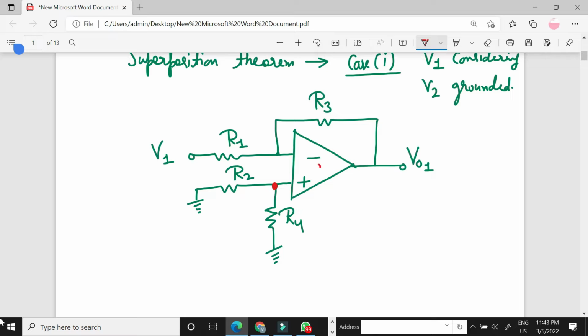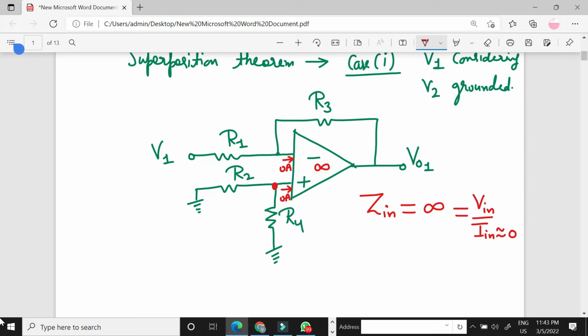This is an ideal operational amplifier. It means here is 0 ampere current, because the op-amp has infinite input impedance. Infinite input impedance, since impedance is the ratio of input voltage to input current, is applicable only when current is 0.